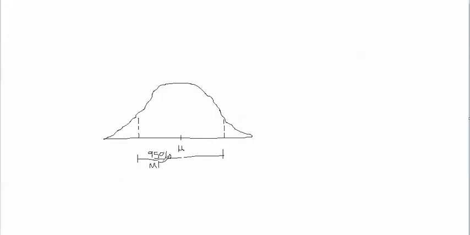I'm not going to tell you how to calculate the 95% margin of error right now, but it does have a formula. And what it tells you is the distance from the population mean to the lower boundary and the upper boundary of the middle 95% of the possible samples.